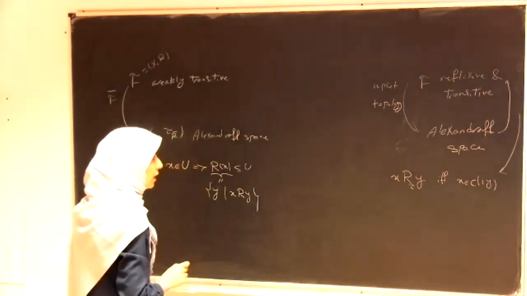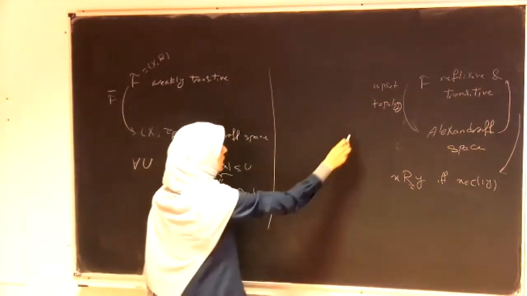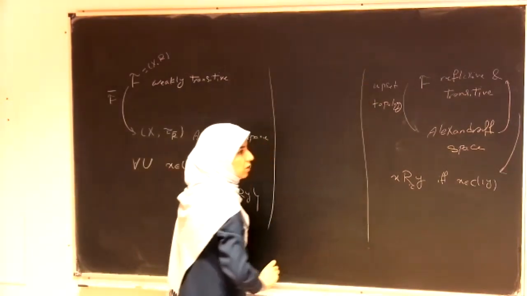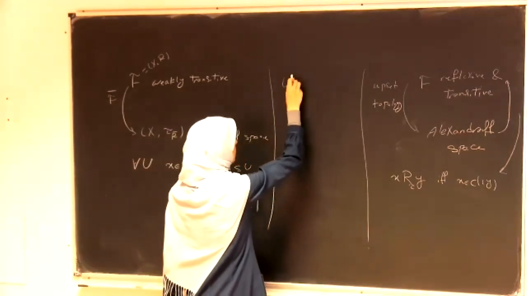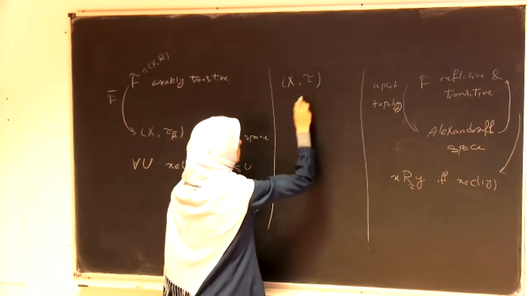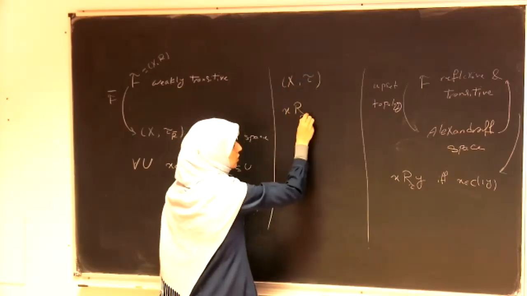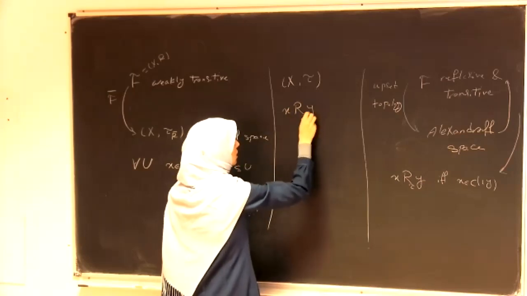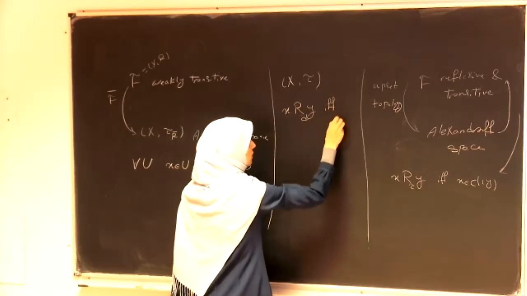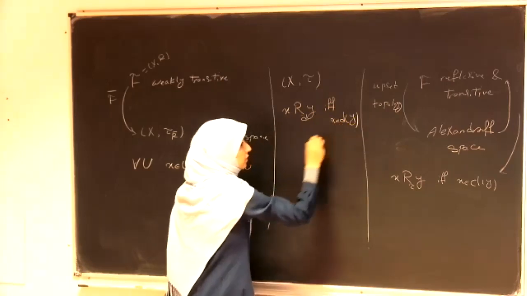Again, consider that we have a topological space X. Here, we can define our specialization order in this way. We define the relation R_d: x R_d y if and only if x is in the derived set of y.